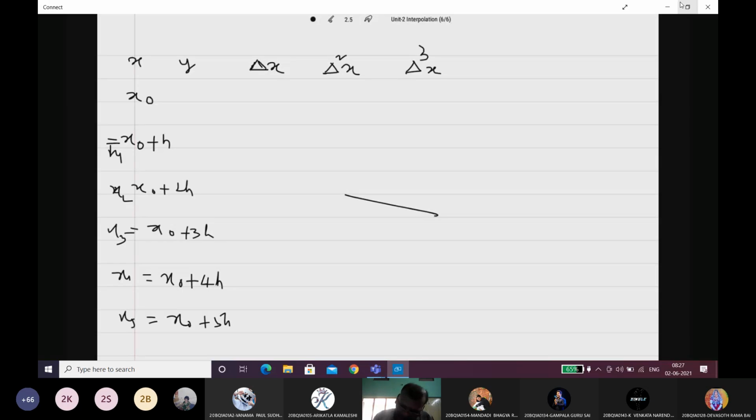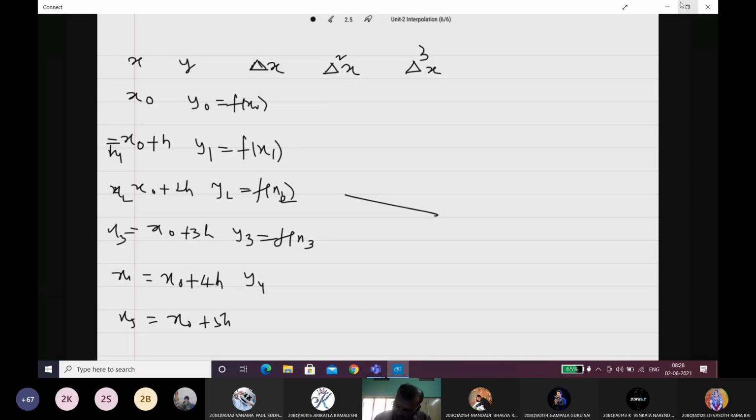And y0, we call this y0 or f of x0. This one is y1 or f of x1, y2 or f of x2, y3 or f of x3, y4 or f of x4, and y5 or f of x5, like this.